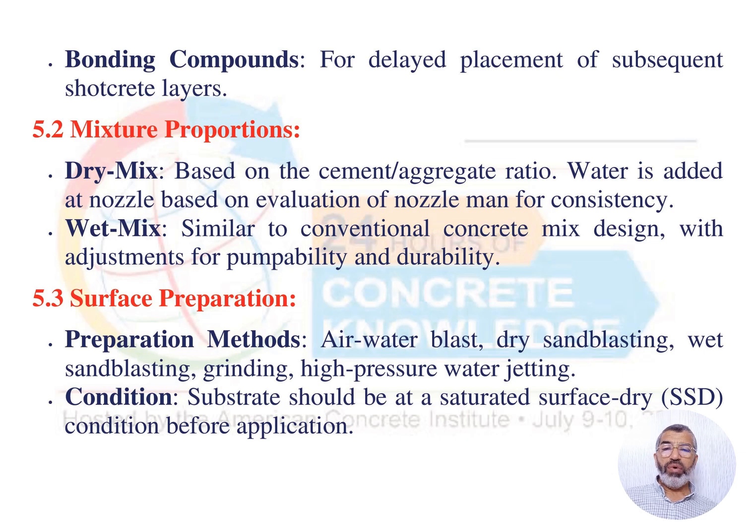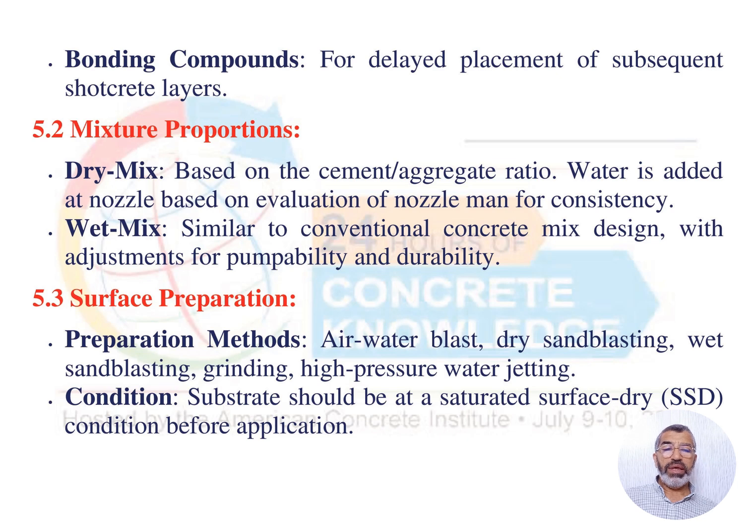In the wet mix, it is similar to conventional concrete mix design, but of course with some adjustments to simplify the pumping and for the durability requirements of the resulting concrete mix.